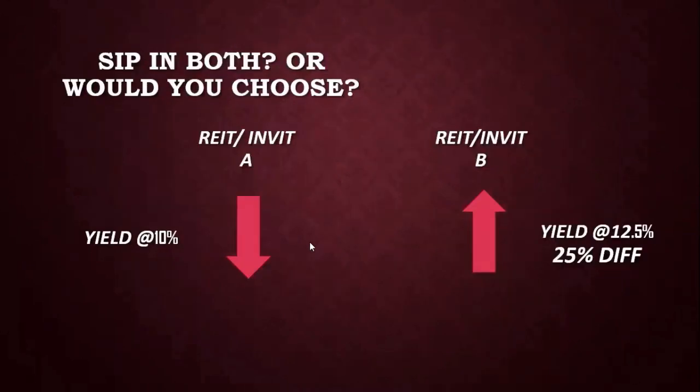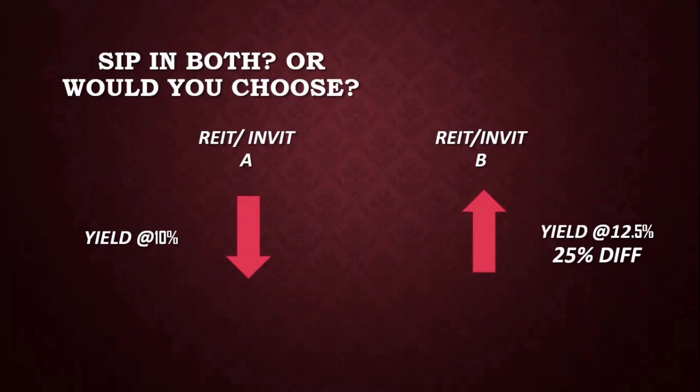Now let's take an example of REIT A versus REIT B. In case of REIT A, suppose you have a yield of 10%, and in case of REIT B, you have 12.5%. There's a 25% difference. What would you choose? Would you go by SIP for both? Do you feel that that would be the right thing to do?